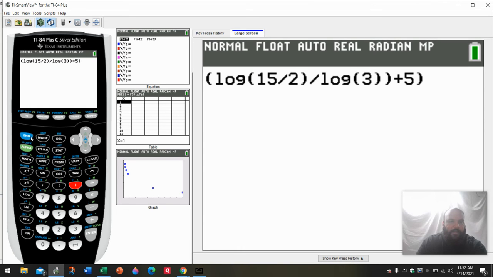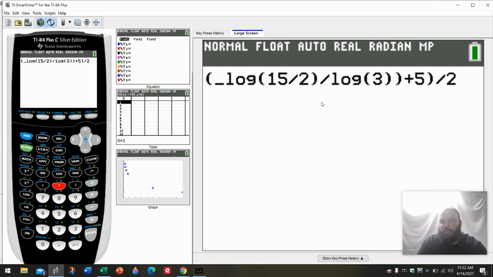And then lastly, I will put divided by 2. Now I did need to have a second parenthesis at the beginning, which I need to go back and insert in there. Once I do that, I put in my second parenthesis.